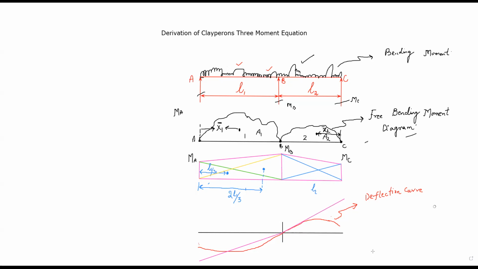Okay, let me join these distances. Let me join the first one with some black color. This one, and this one I will also join with black color.